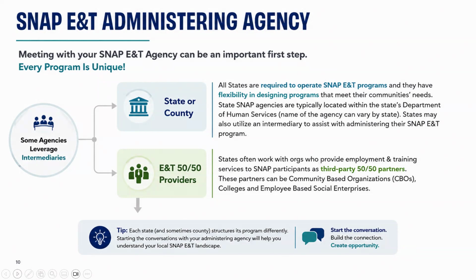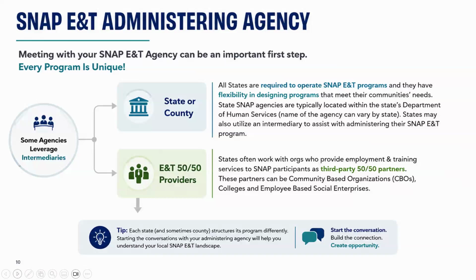So really, this comes down to something we've talked about a lot through this project, and that is state flexibility. Even if it's state administered, even if it's county administered, there's some relationship between the two, and the amount to which those two pieces of the puzzle work together is really dependent state to state.